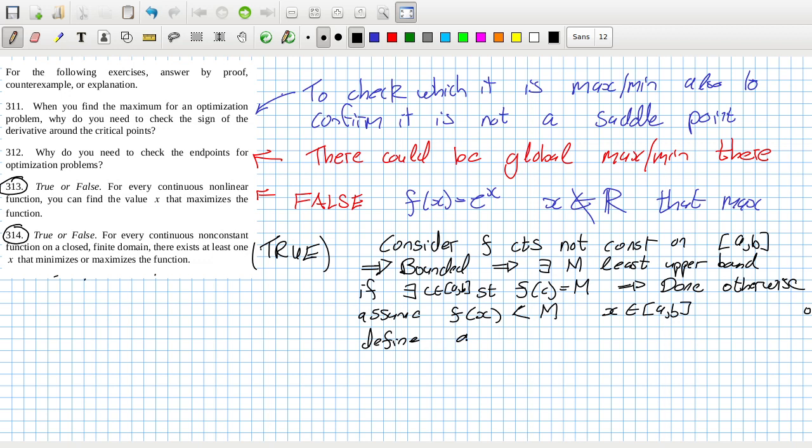So define a new function g(x), which is equal to 1 over (f(x) minus M). This is also continuous and therefore bounded. So that means there exists a k whereby g(x) is less than this k.